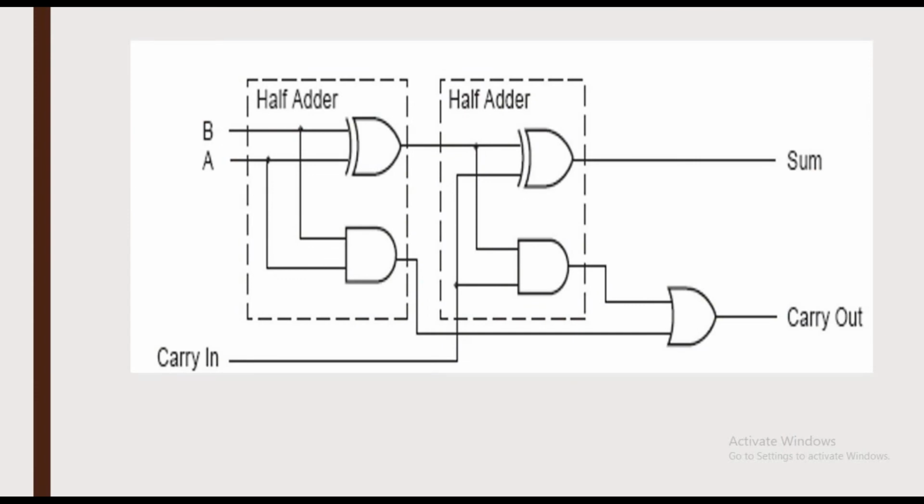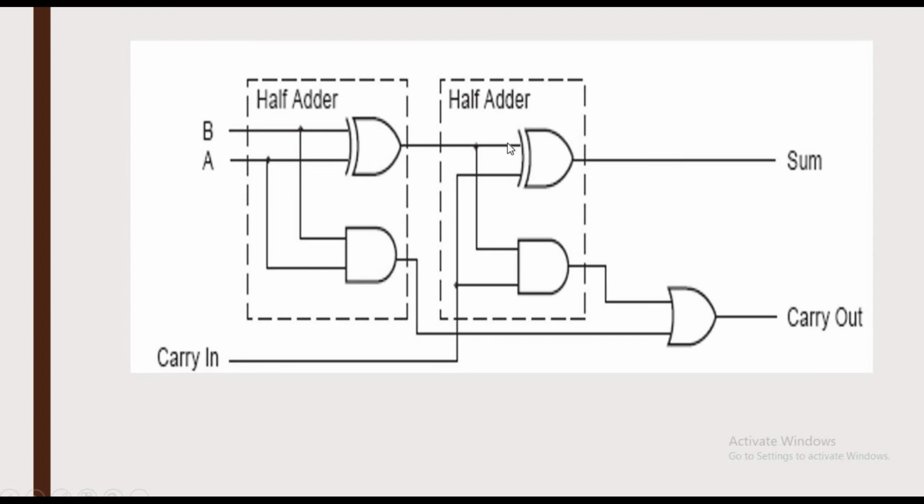Now this is the detailed diagram of the full adder circuit using two half adder circuits, in which we have three inputs: carry in, A and B, and this is one half adder. As we can see, the XOR gate is here and the AND gate is here, because we get the sum equation here and the carry equation here.